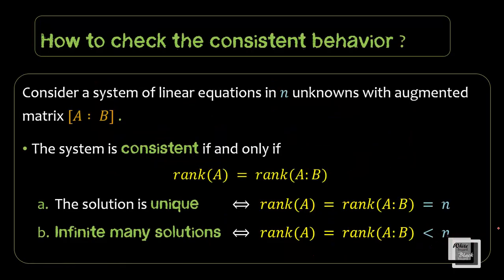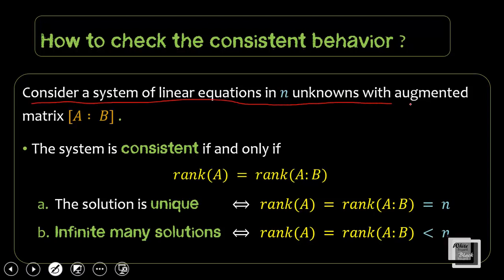Now how to check the consistent behavior of the system of linear equations? To do so, we have to reduce the system of linear equations to echelon form. Consider a system of linear equations in n unknowns with augmented matrix A colon B, and let us say we have reduced this system to echelon form.